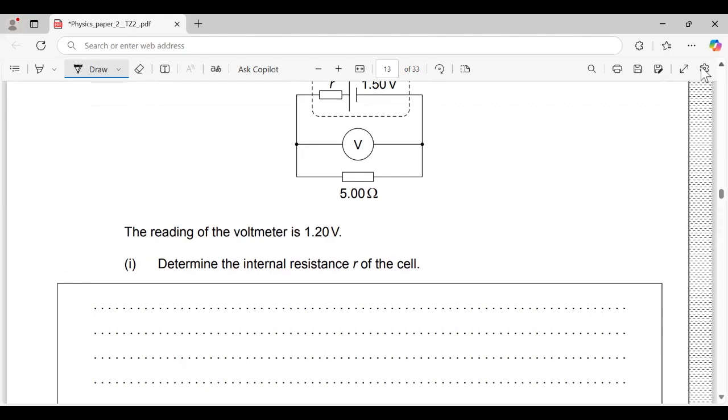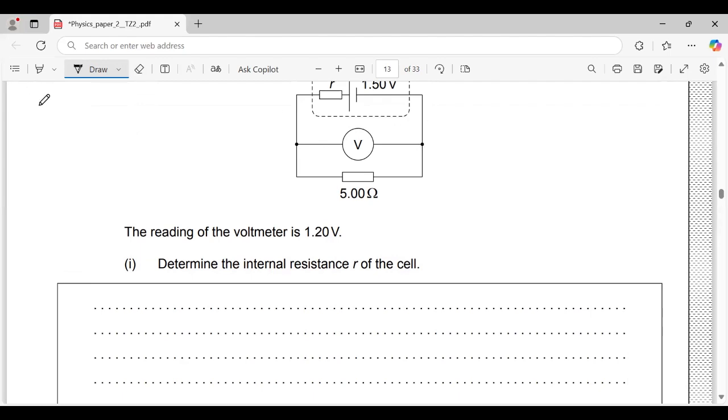To determine the internal resistance, we can use the formula derived from the relationship of EMF, electromotive force, and the terminal voltage in the circuit.